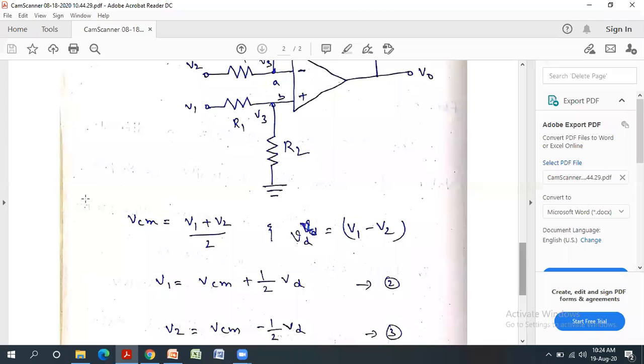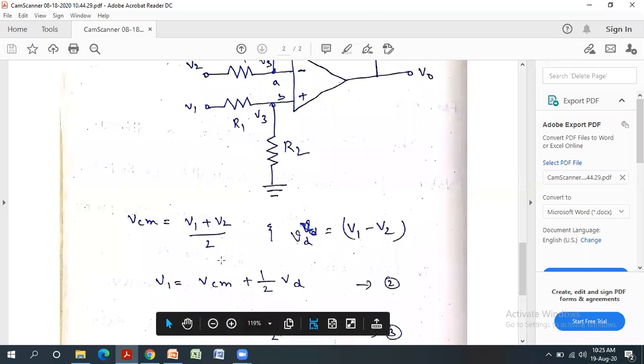So this is the common mode voltage, V suffix CM, equal to the average of the two inputs, and this is the differential voltage, V suffix D is equal to V1 minus V2.